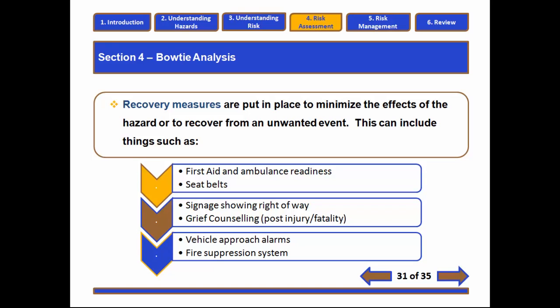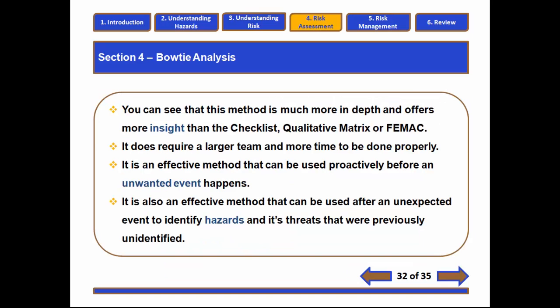There's going to be engineering controls as well. There are engineering recovery measures like fire suppression systems. So those are what are occupying the right-hand side to prevent the hazard from manifesting as consequences. So you can see this bow tie analysis is actually really powerful.